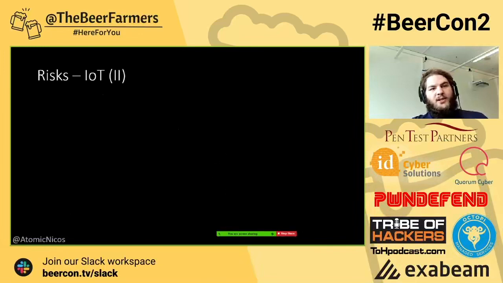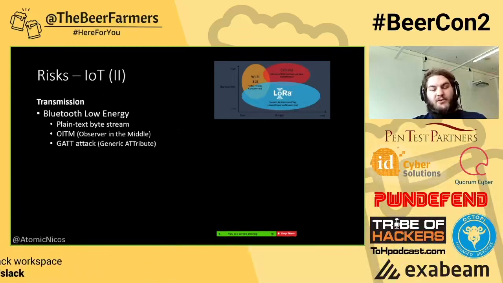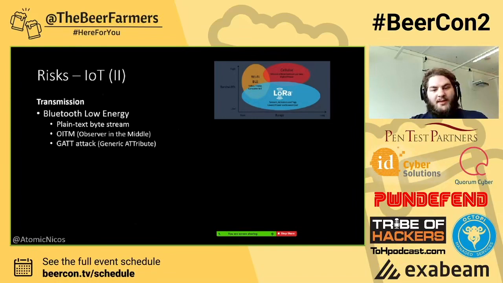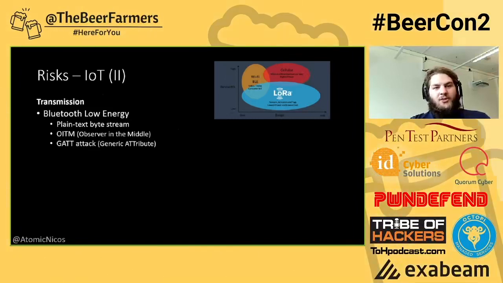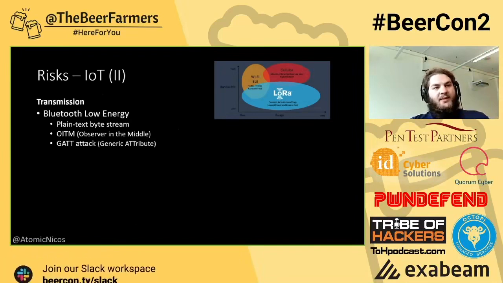In terms of transmission, we can talk about Bluetooth Low Energy, which is a plain text byte stream, which can be passively observed or attacked. And the existence of Bluetooth profiles, which kind of help with interoperability of devices, actually helps attackers more than it does developers, because they can say, okay, this responds to that protocol, so it'll have that type of data, and it kind of helps.